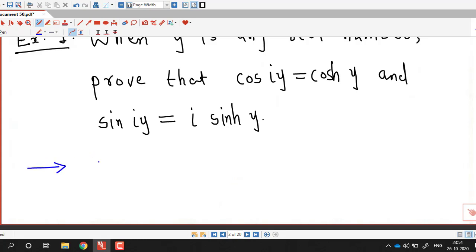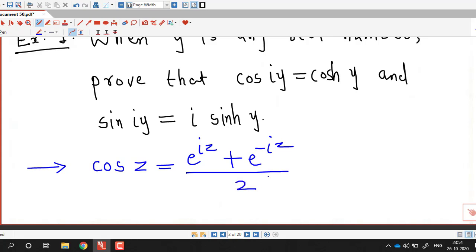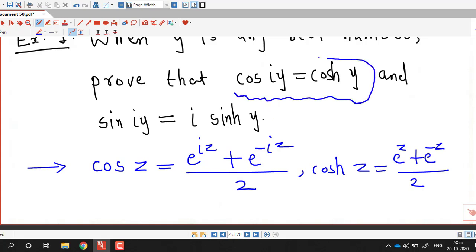We just recall the definition of cos z, which is e raised to iz plus e raised to minus iz over 2, and cos hyperbolic z is e raised to z plus e raised to minus z over 2. So this gives us the relationship between the cos trigonometric function and the cos hyperbolic function.